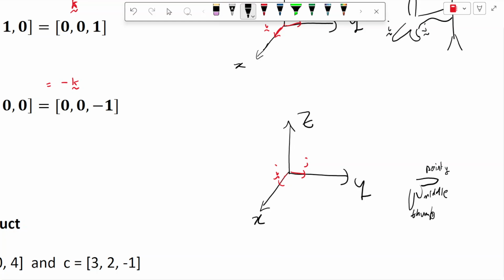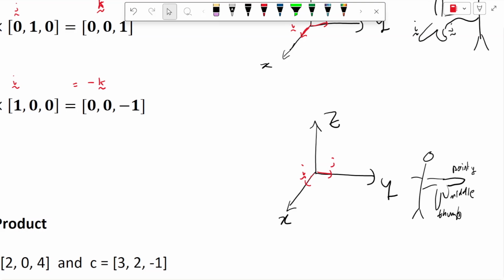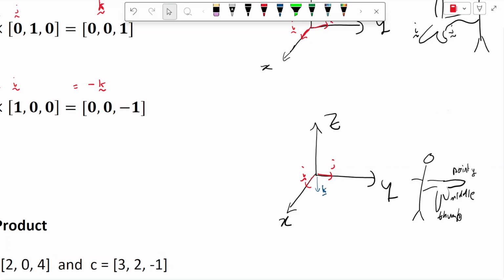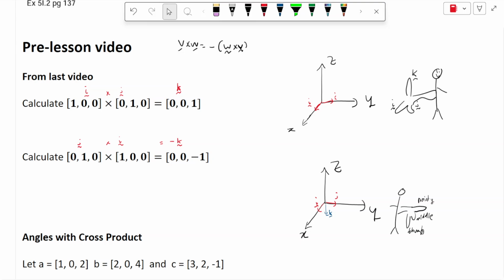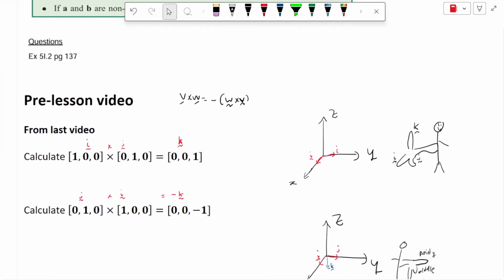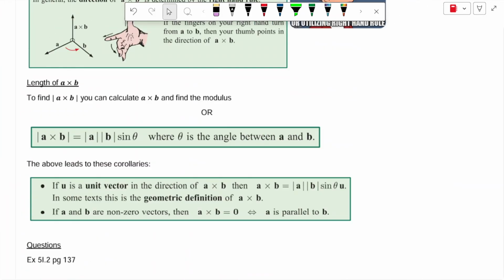I encourage you to actually get your hand and try this, because my drawings aren't fantastic. It's the only way you can make that happen, unless you have very bendy thumbs. And so the result is that the cross product points downwards. Now, it's pretty rare that we actually have to use the right hand rule in something like Spec Maths, because you just calculate the cross product and see which direction it points. But I know that the physics people tend to like it a lot.